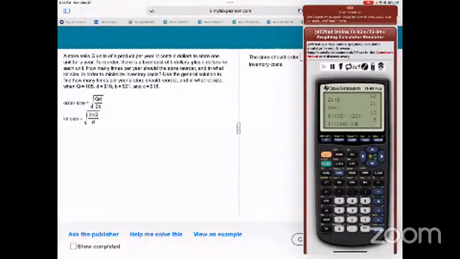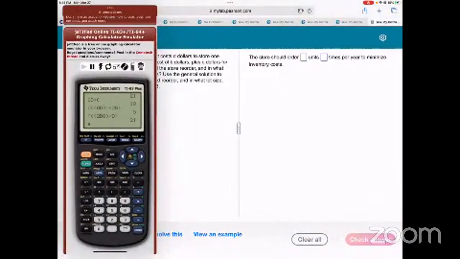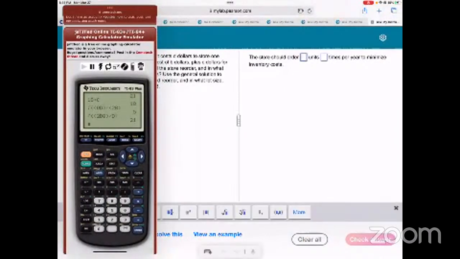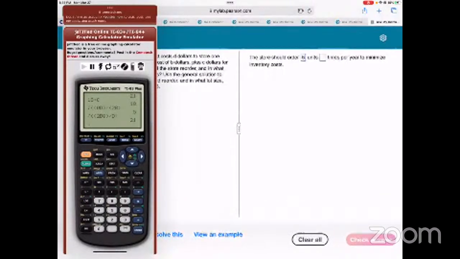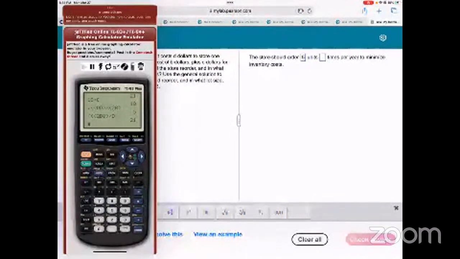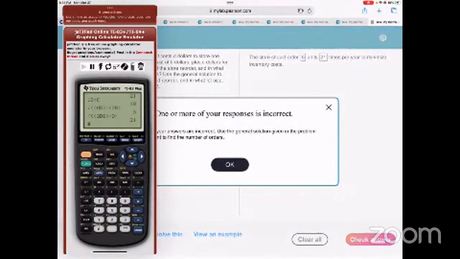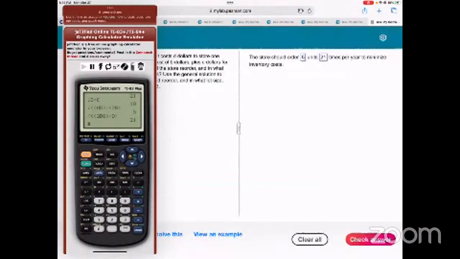So she'll order 5 units 21 times per year. Hmm. 21 units 5 times per year. Maybe we got it backwards. Let me just try that real quick.